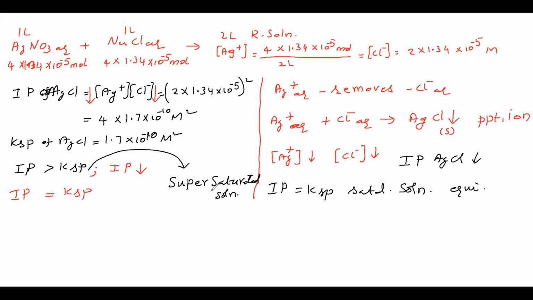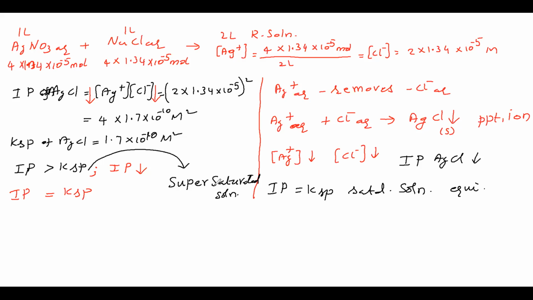So we got a supersaturated solution. That means it is not prepared at normal condition. We prepared a supersaturated solution, that means in this solution AgCl dissolved is more than in a saturated solution. For attaining a saturated solution, whatever amount of AgCl is to be dissolved, more than that will be present in this solution.